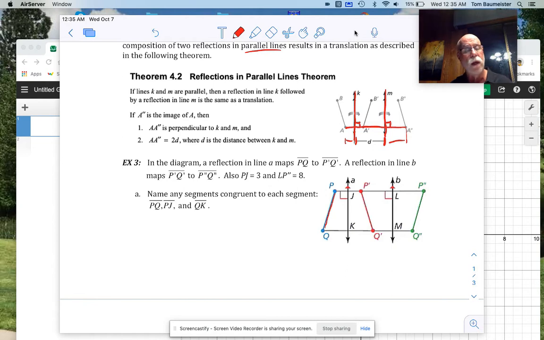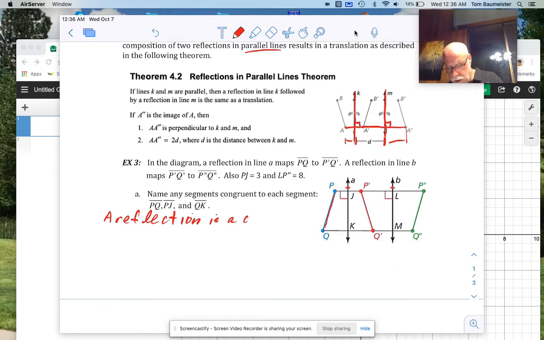It's still the same size and it's still the same shape. And then the P prime Q prime line segment flips over, a reflection over line B. So again, that hasn't changed size or shape. So a reflection, again, as a reminder, is a congruence transformation.